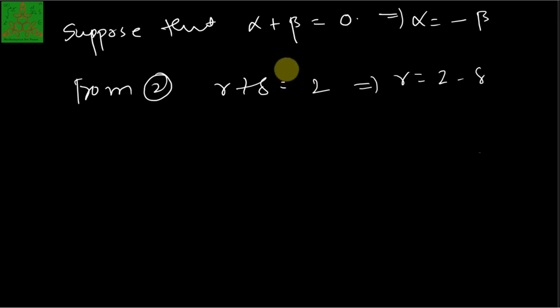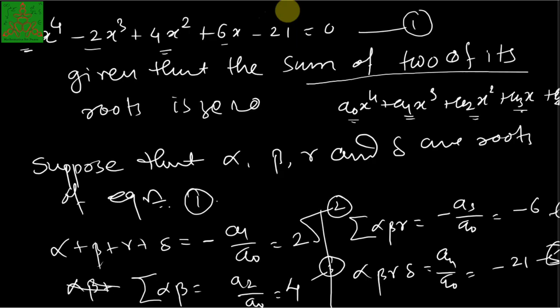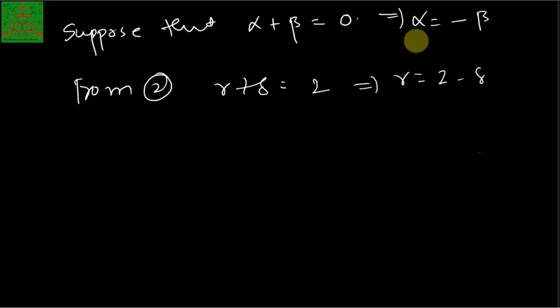Now, one of the ways to solve this equation is to solve these 4 equations, 1, 2, 3, 4, and these 2 equations, and you can get the roots alpha, beta, gamma and delta. That is one of the ways to solve this.